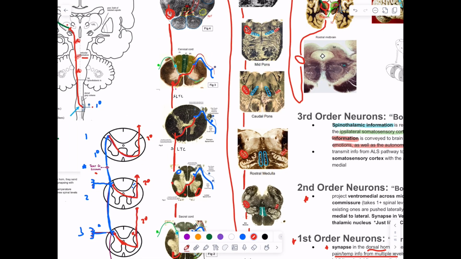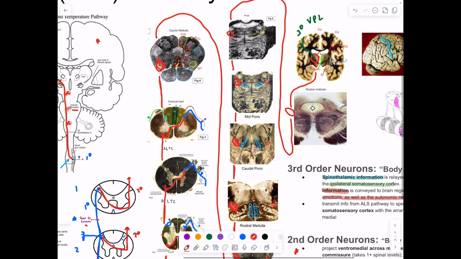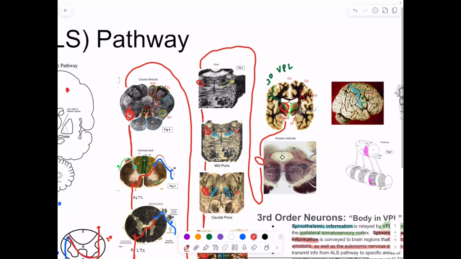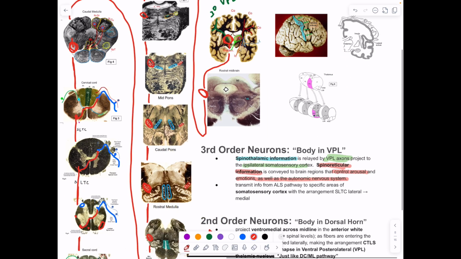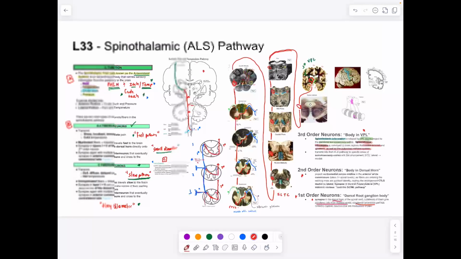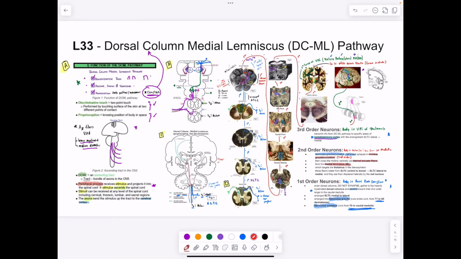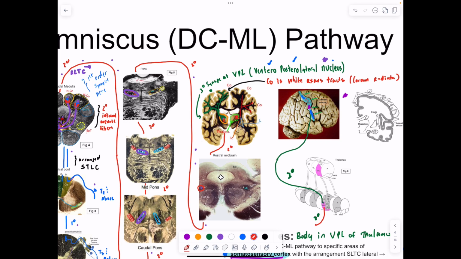All right, so this ascends and keeps going. Notice how it's adjacent to the medial lemniscus, right? And then it is going all the way here. Still spinothalamic tract adjacent to the medial lemniscus, and then it's going to synapse in the thalamus, in particular in VPL, which we said was the same thing that the DCML pathway synapses in, the ventral posterolateral nucleus.